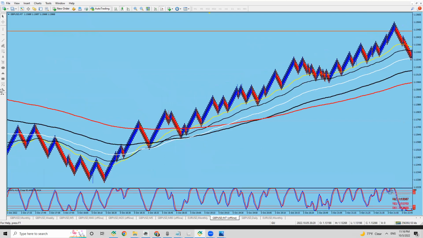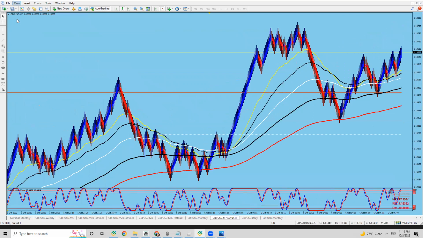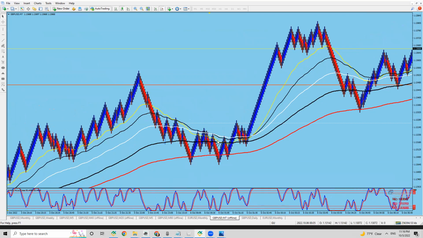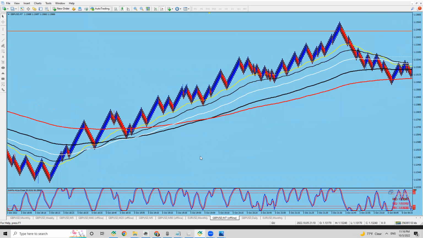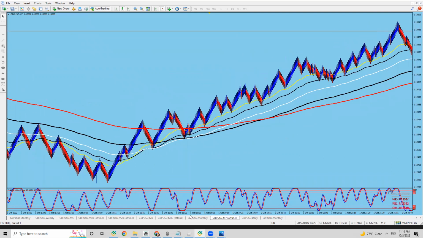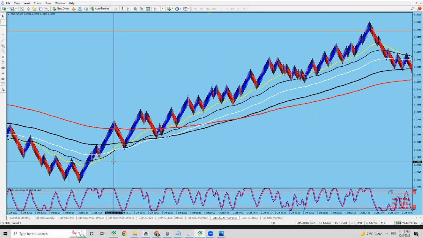This is the 7-minute chart of pound USD. If you look at the time, it says 1835, right there. Okay, so that reversal candle, let me mark it.